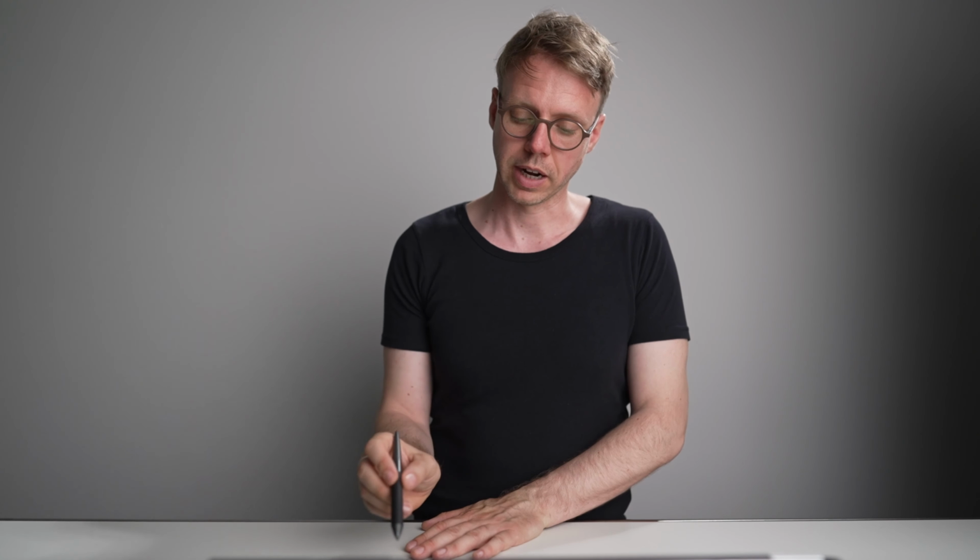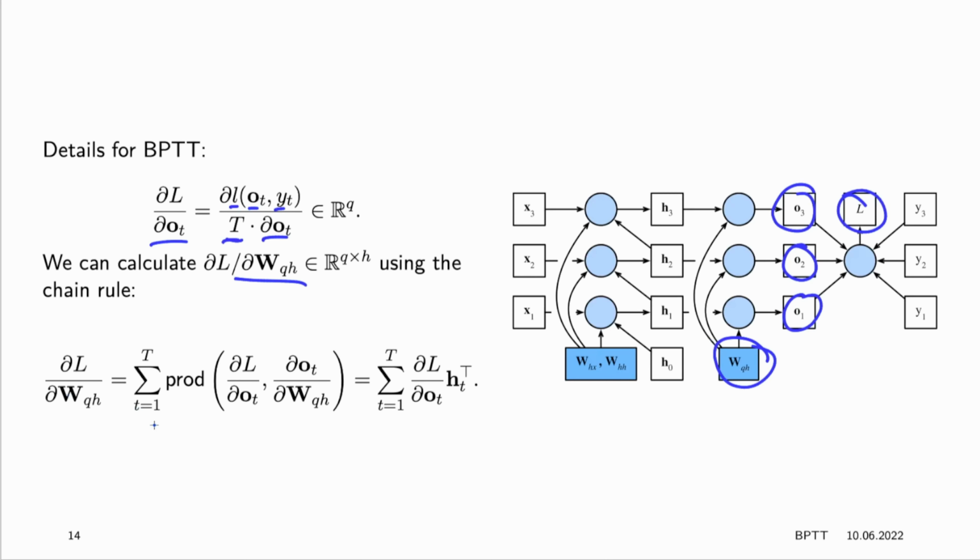Next, we can calculate the gradient with respect to the weight W_qh, the weight that is applied to the hidden variables. This is given by the sum, because we are aggregating over all these capital T terms. So that's why we have a sum of the product.